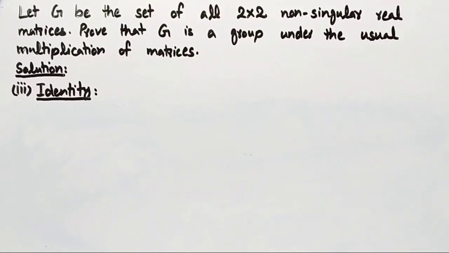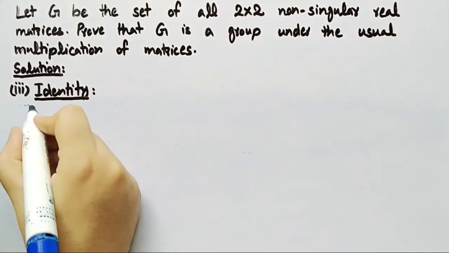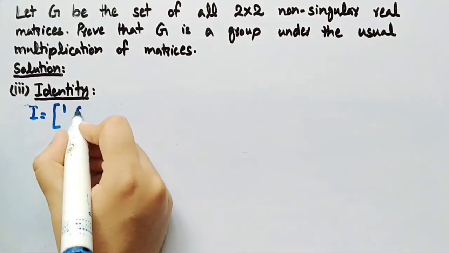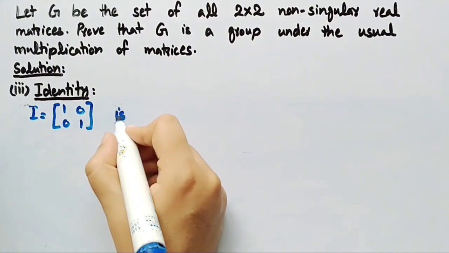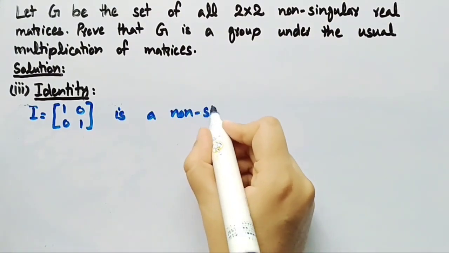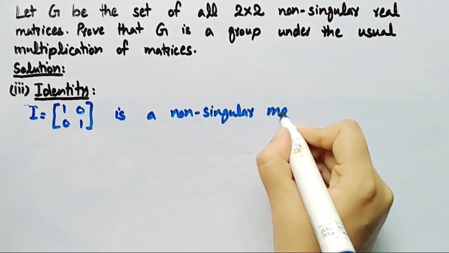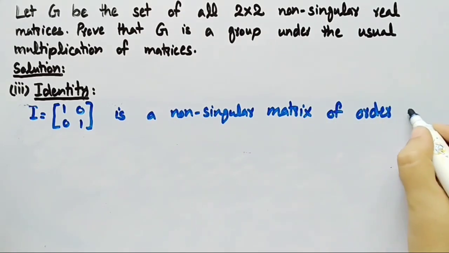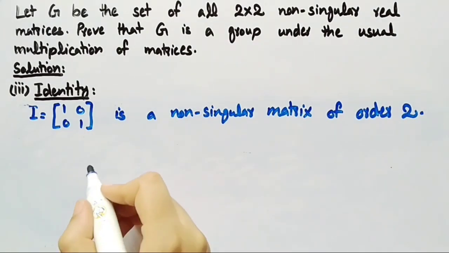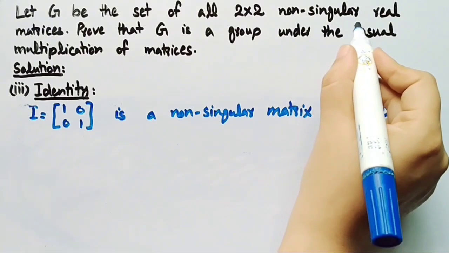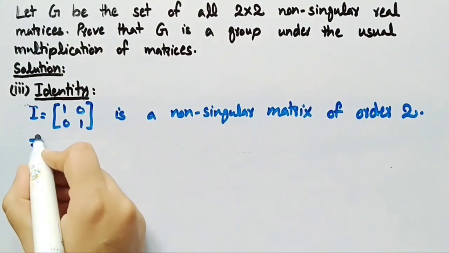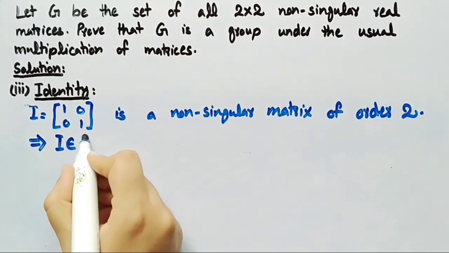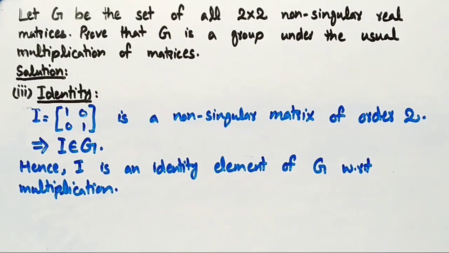Third axiom is the existence of identity element. I is equal to 1, 0, 0, 1 is a non-singular matrix of order 2 and it is given that G is the set of all 2 cross 2 non-singular real matrices, which implies that I also belongs to G. We know that I is an identity matrix, hence I is an identity element of G with respect to multiplication.